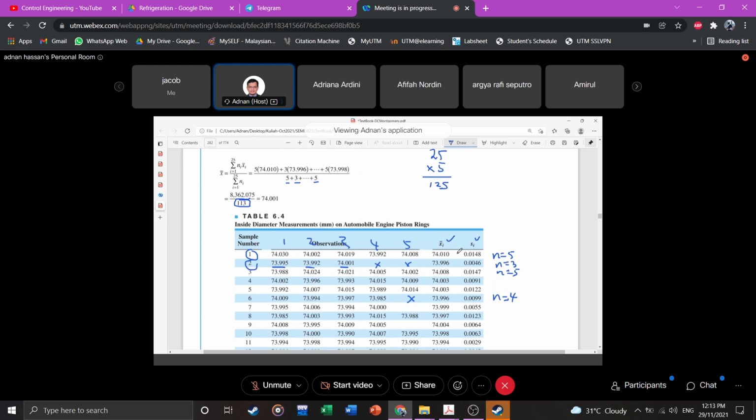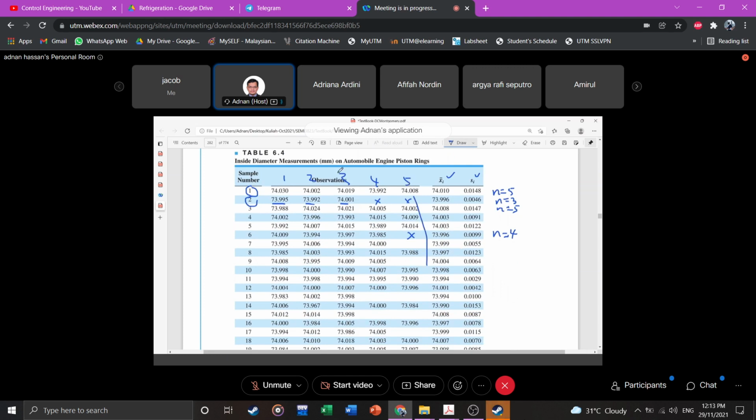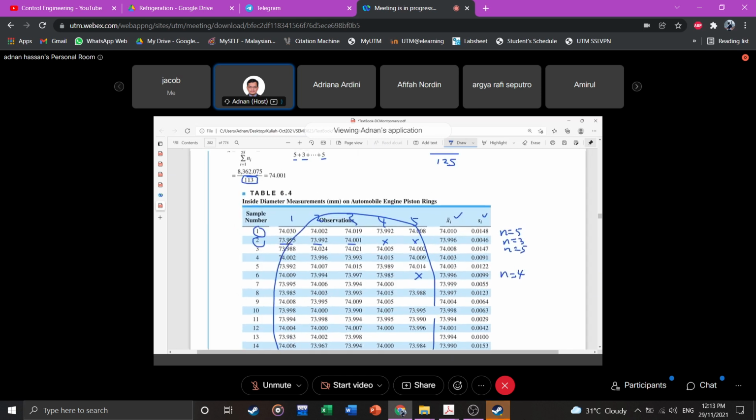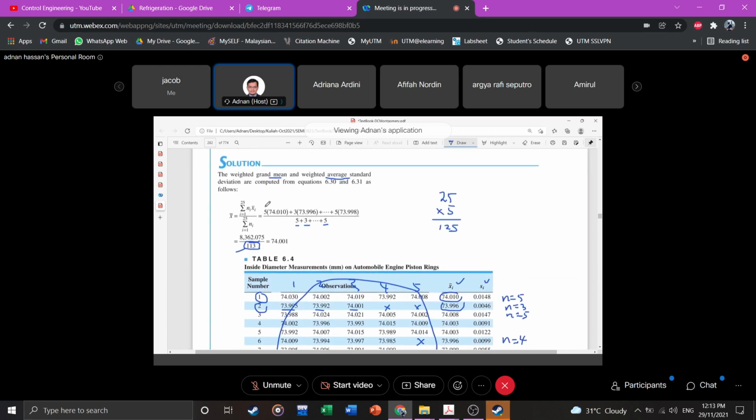But you can also sum all the numbers and then divide by 113. So there are several ways of doing it. Don't get confused; the numbers inside are the averages. Finally you get the X double bar.